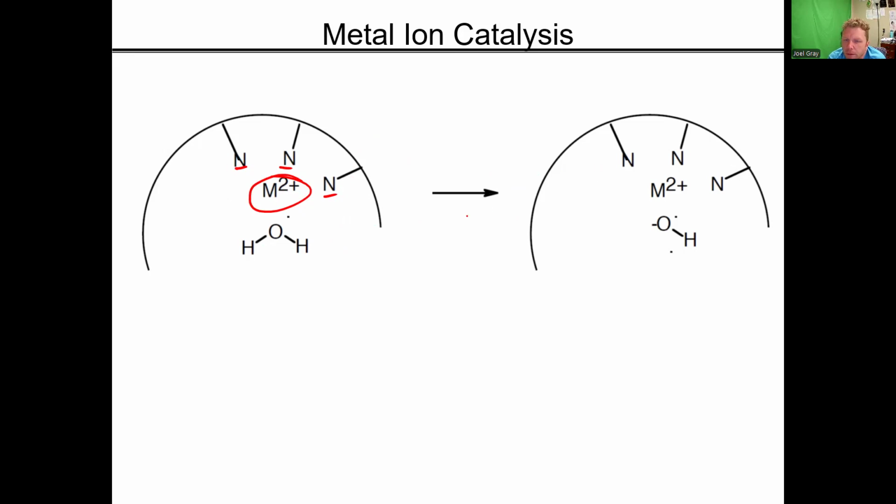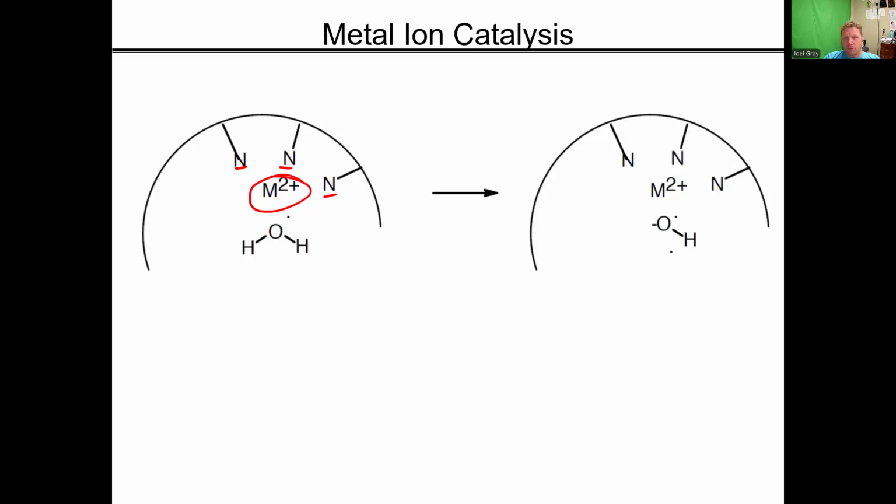If you look at the end state here, what we have is a hydroxide ion. Effectively, that metal ion was able to attract the lone pair of electrons from the oxygen within that water, and essentially get that water to lose a proton, or to lose a hydrogen.